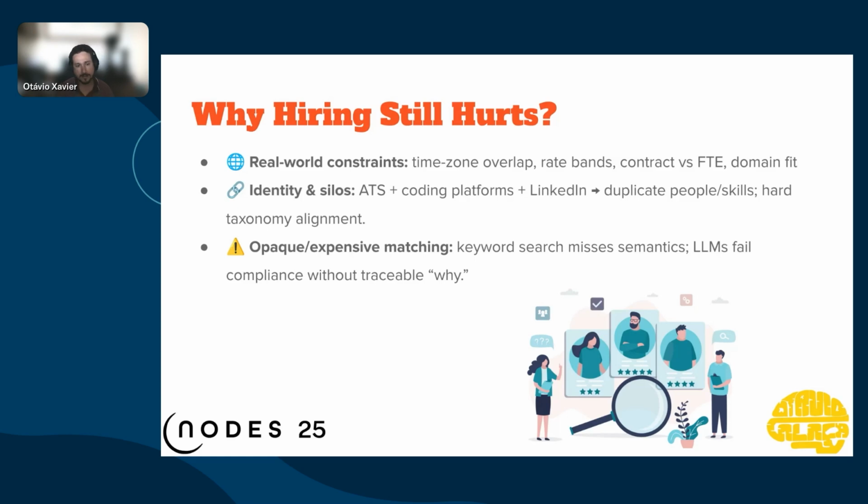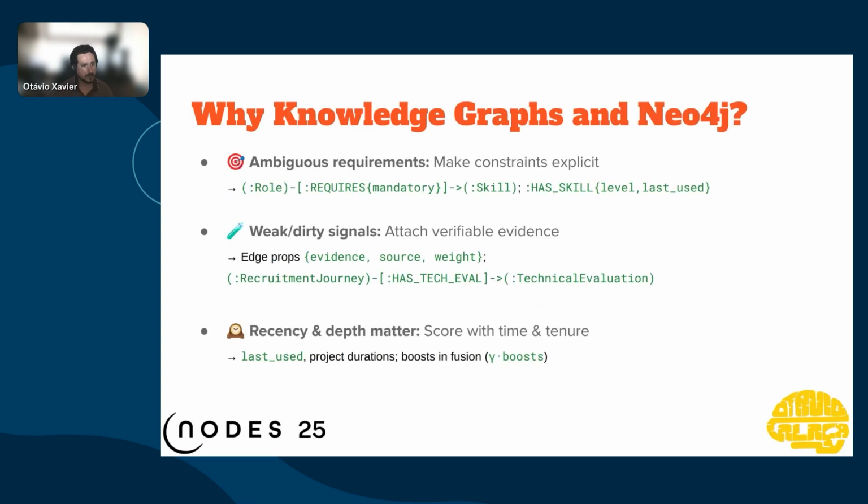We have data in the ATS, in the coding platforms, LinkedIn, resumes, and it's hard to combine and extract the entities and avoid ambiguities from those multiple sources. And the last one that I've selected to talk about today is the expensive matching. If we are talking about LLMs, it's not so cheap to use agents and all the LLM infrastructure to match the candidates with the job positions.